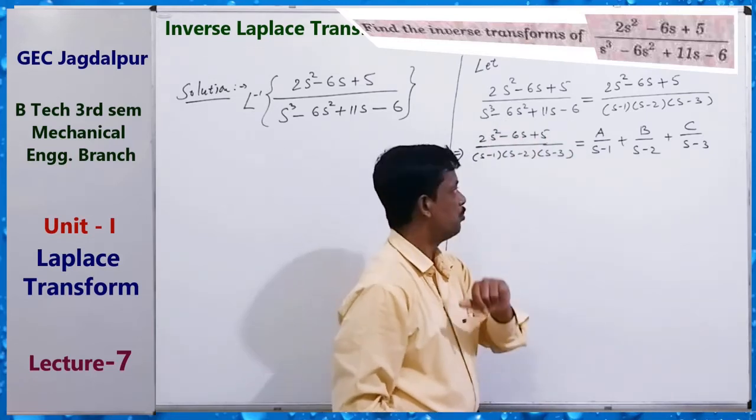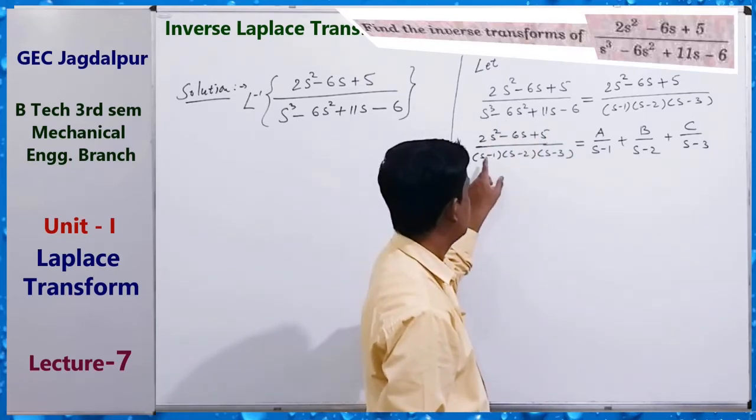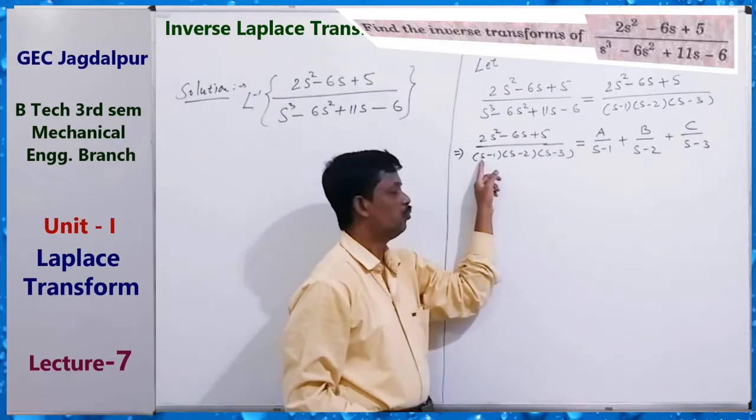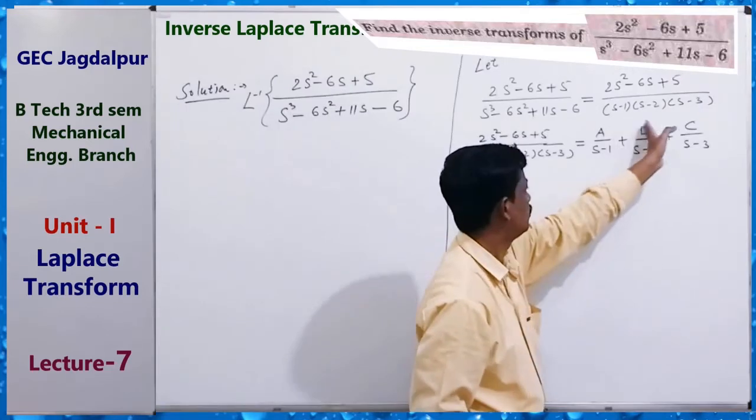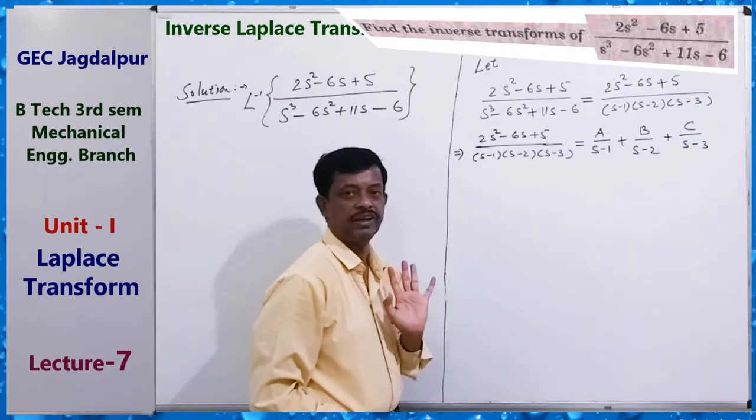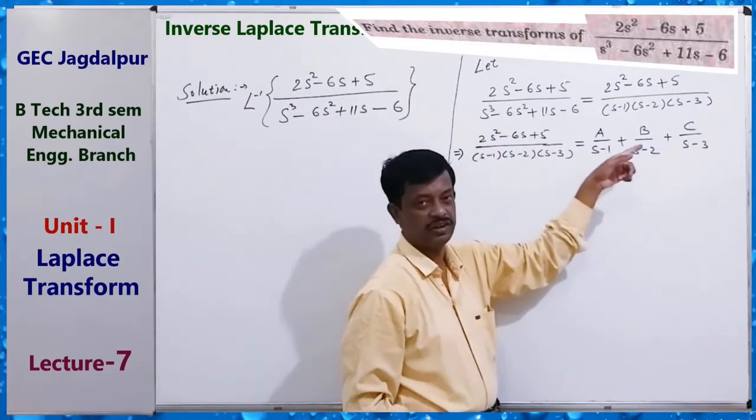Now if we put s equals to 1, a will remain and the other two will vanish because there will be s minus 1.